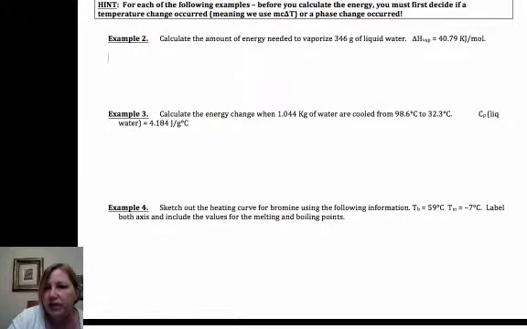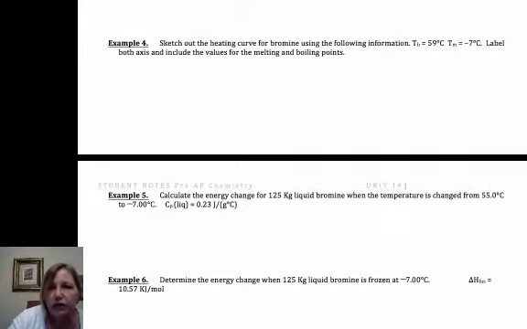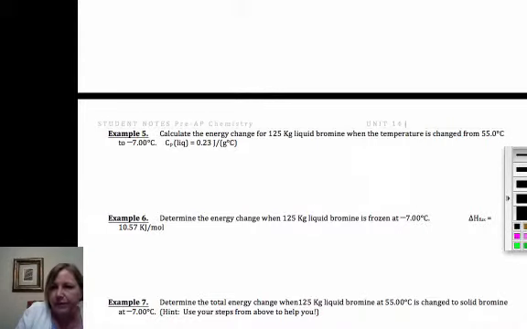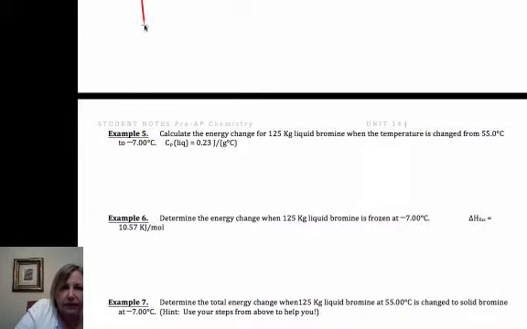This time it asks us to draw the graph, sketch out a heating curve, cooling curve for bromine and label the axes. So we need our y-axis, we need our x-axis. This is kind of not much room, but we'll see how we go here.